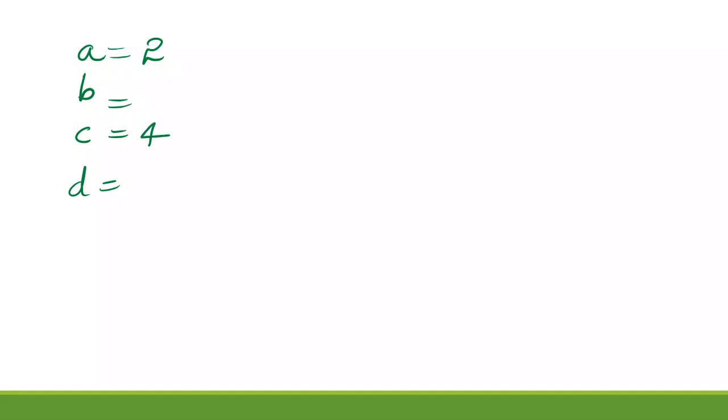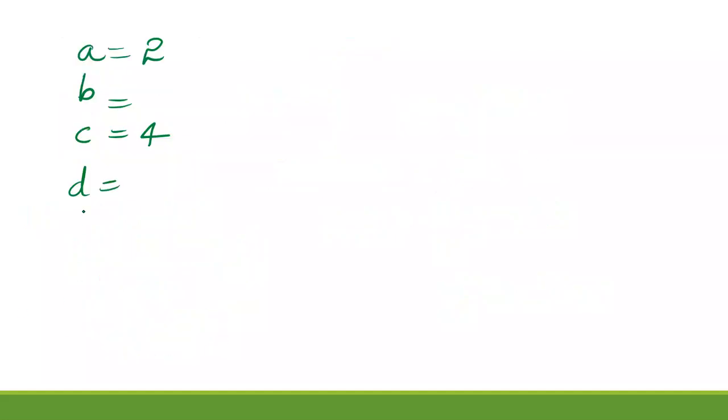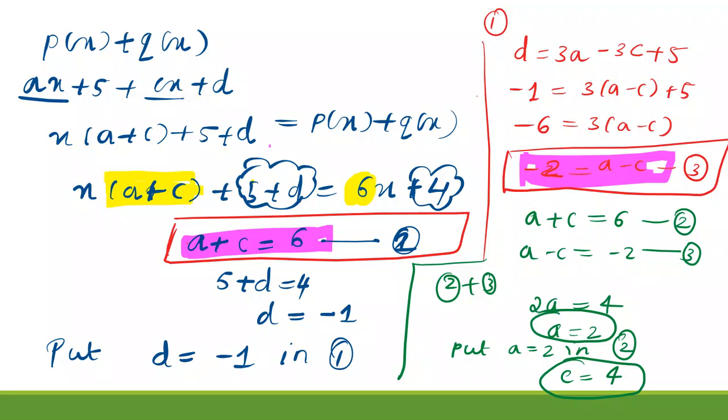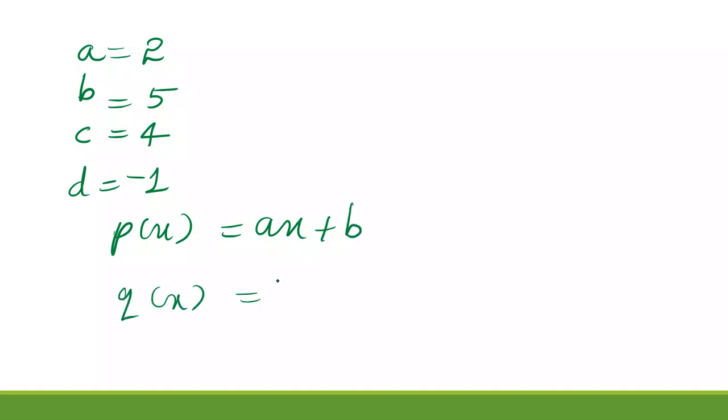What was b? B in the beginning itself we got as 5, right? So b is equal to 5. Now what about d? D we found as negative 1. So d is equal to negative 1. So p of x was of the form ax plus b, and q of x was of the form cx plus d, isn't it?